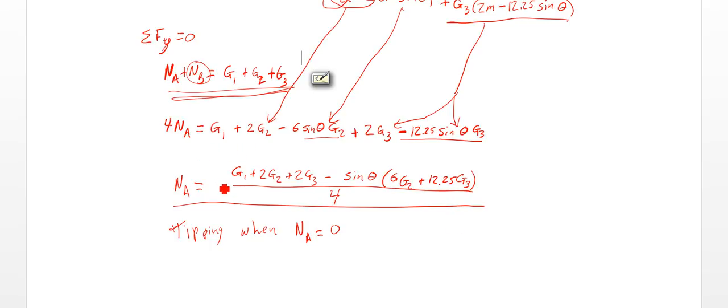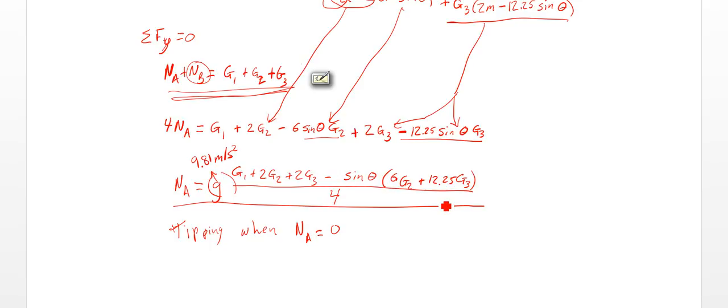So I'm going to put a little g here, where this is 9.81 meters per second squared. So that gets us an actual force in newtons. And then the other part was NB equals little g times g1 plus g2 plus g3 minus NA, excuse me.